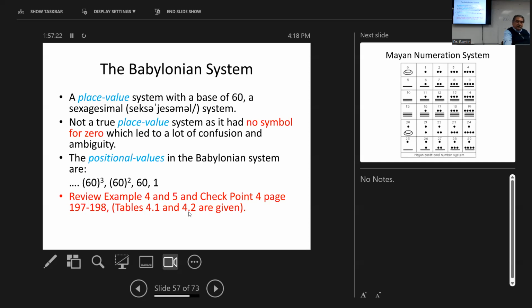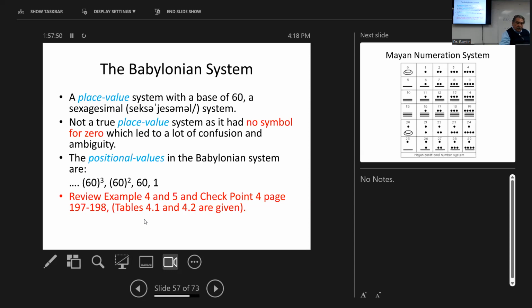It's not a true place value system because it doesn't have a symbol for 0. That causes lots of confusion and ambiguity. The positional values in the Babylonian system are like this: the first one is 1, the second digit 60, then 60 to the power of 2, 60 to the power of 3.